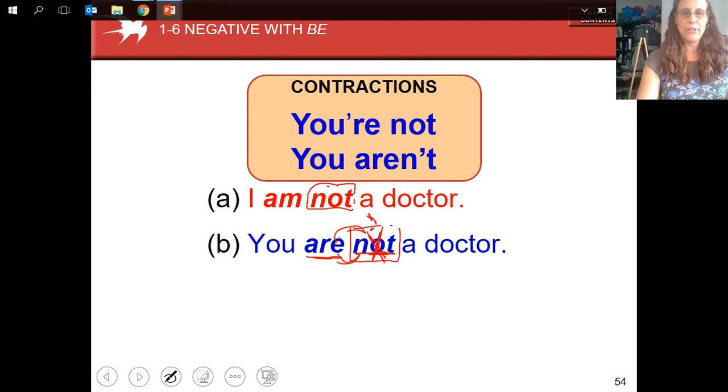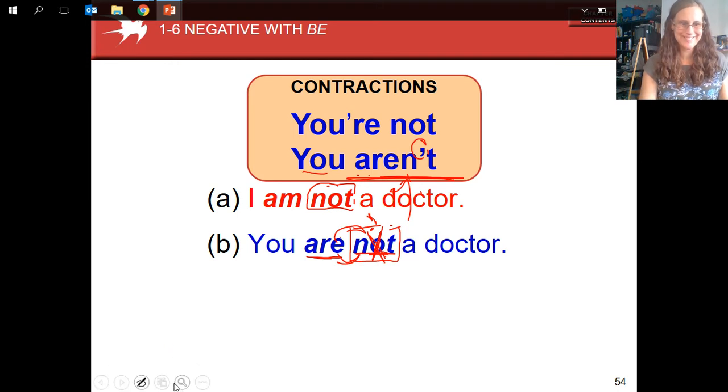So what does that make? You aren't, with the apostrophe. So you aren't a doctor. Okay, pronunciation, aren't. You aren't a doctor. Okay?